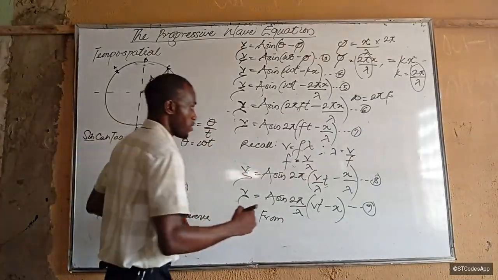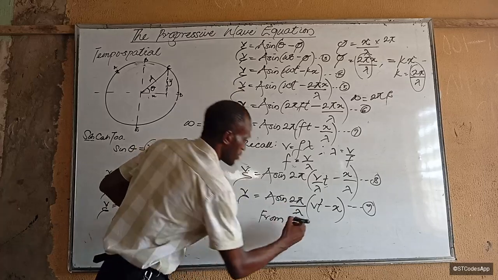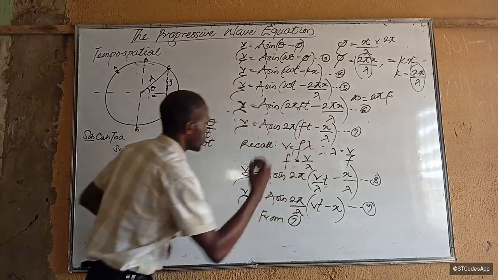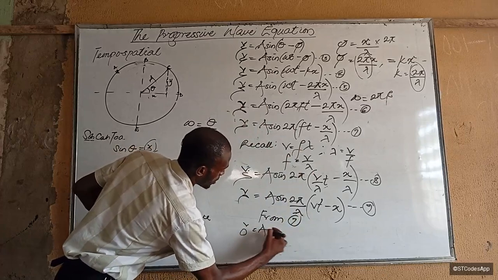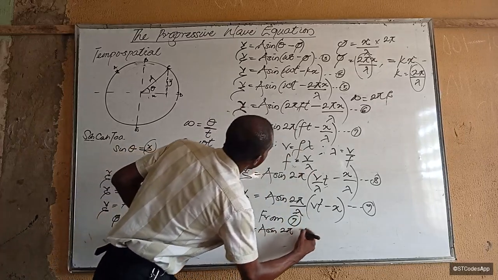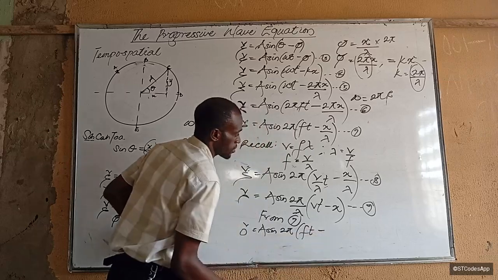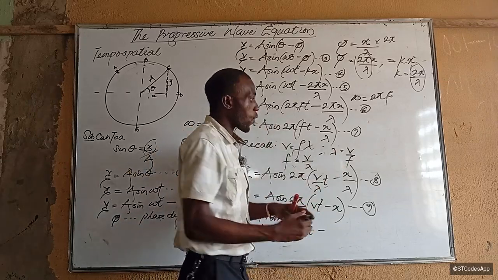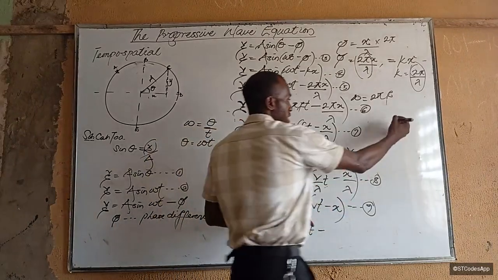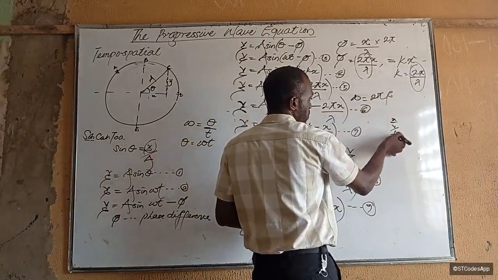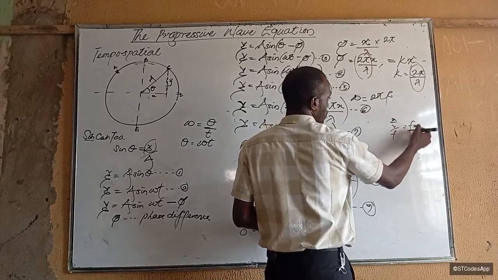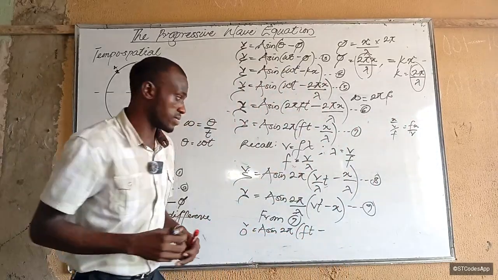Keep that in mind. So from equation 7, we know that y is A sine of 2 pi into bracket ft minus x over lambda. That will be x over v over f. f goes up, becomes fx over v. Does that make sense?